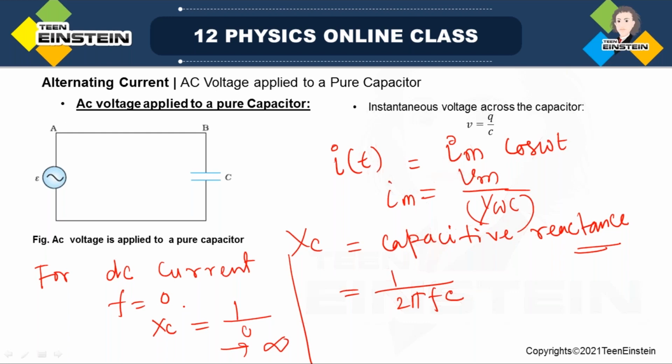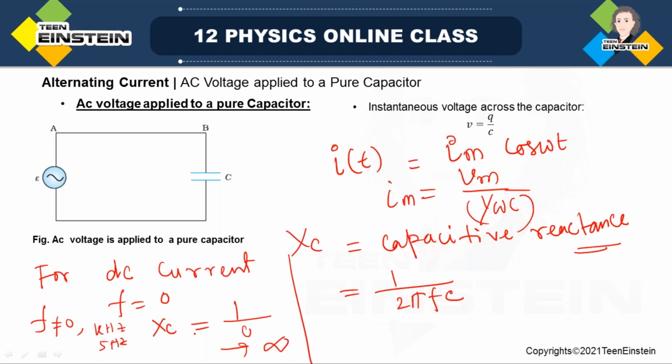Whereas in case of AC you have a non-zero value of frequency, sometimes it will be kilohertz, sometimes megahertz. So these are very huge values of frequencies, and when frequency increases, the capacitive reactance immediately decreases. That means in case of AC, if your frequency of oscillation is large, then your capacitive reactance is going to be very small or can be neglected.